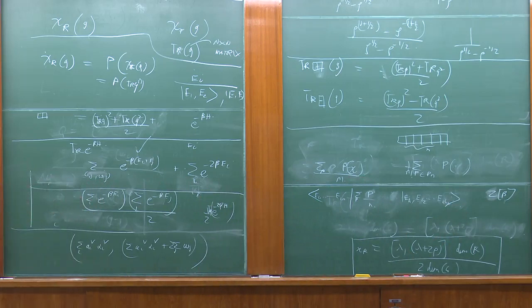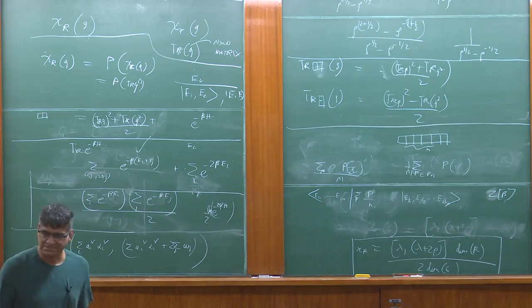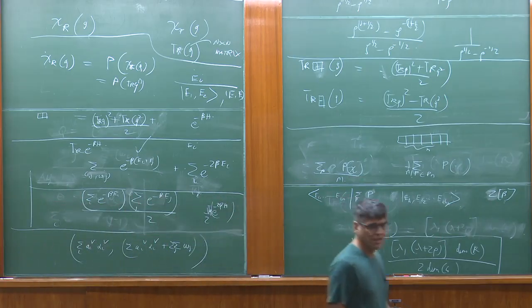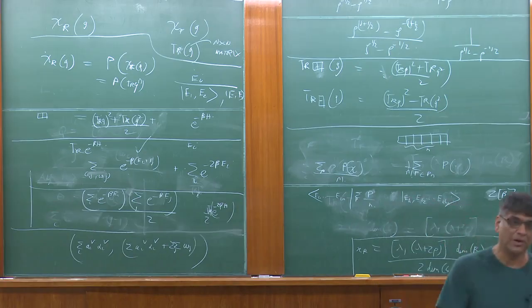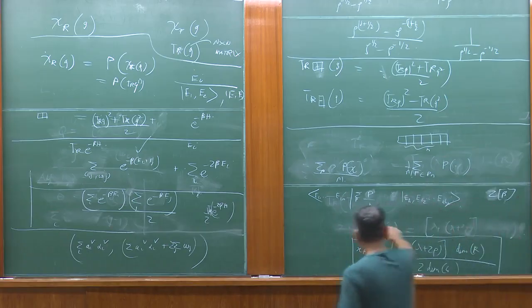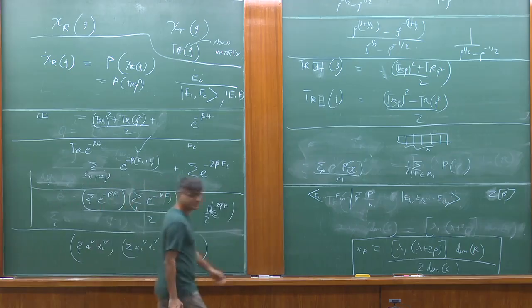P is the permutation of that state. Clear? There will be n factorial such permutations. One of them is the identity. One of them is some cycle length. Okay. This clear? This is what we have to do.